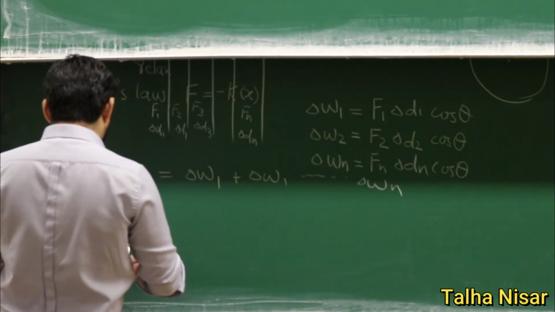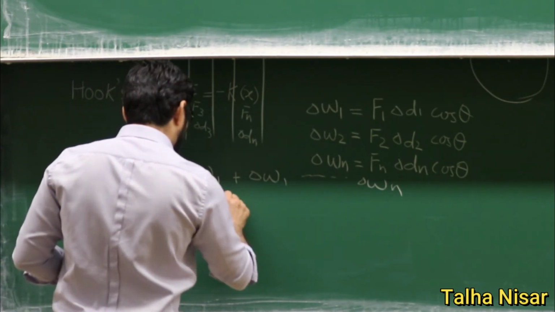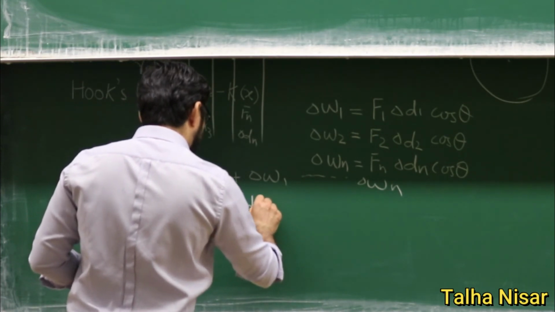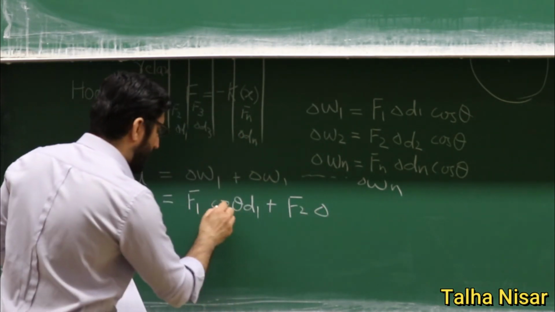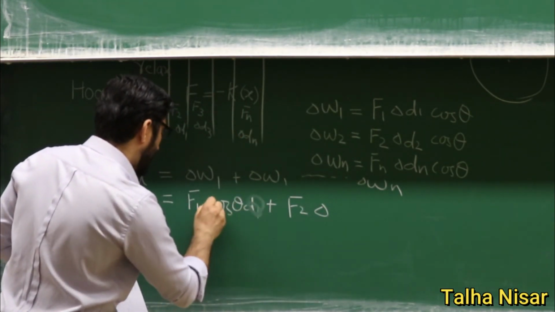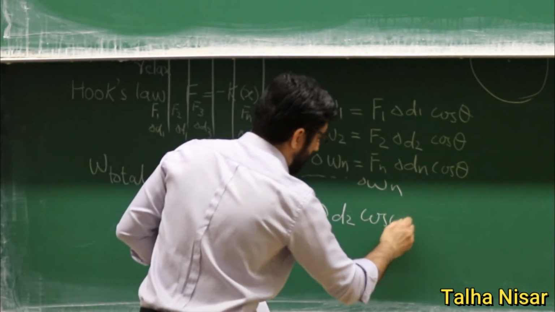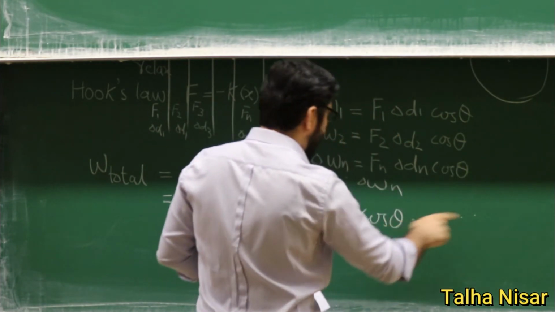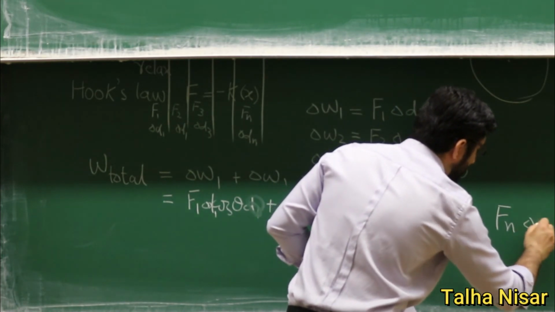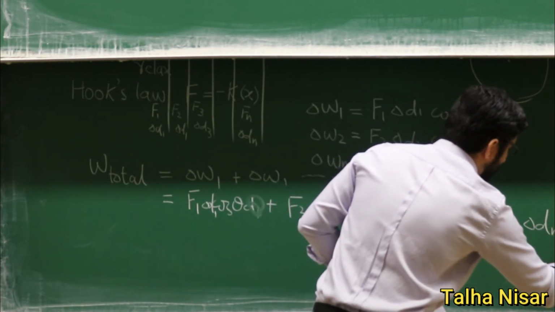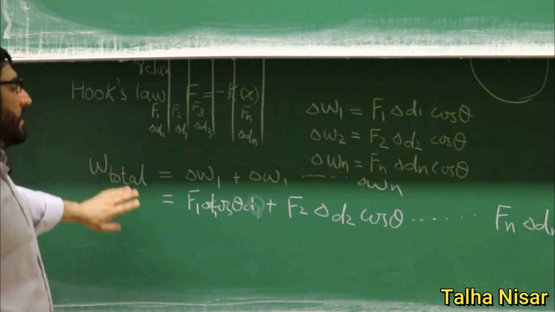So we write F1 delta d1 cos theta plus F2 delta d2 cos of theta. So we sum all of them. For the last one we write Fn, delta dn and cos of theta. So this is how we calculate the work done by a variable force.